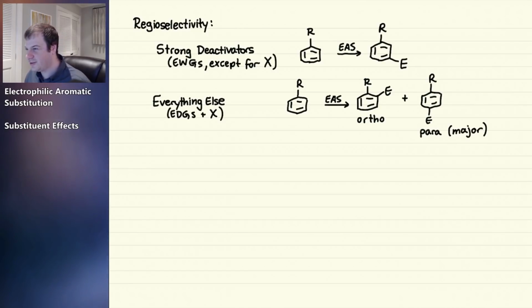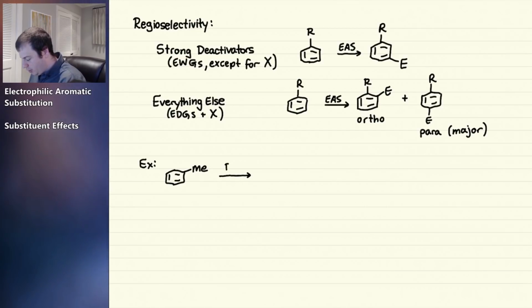So let's take a look at an example of how this regioselectivity manifests itself in an EAS reaction. Let's take a benzene ring with a methyl group on it. This is called toluene. And so if we treat that with the halogenation conditions, so Br2, FeBr3, we know this reaction is going to add a bromine to the ring, but where will it add the bromine?